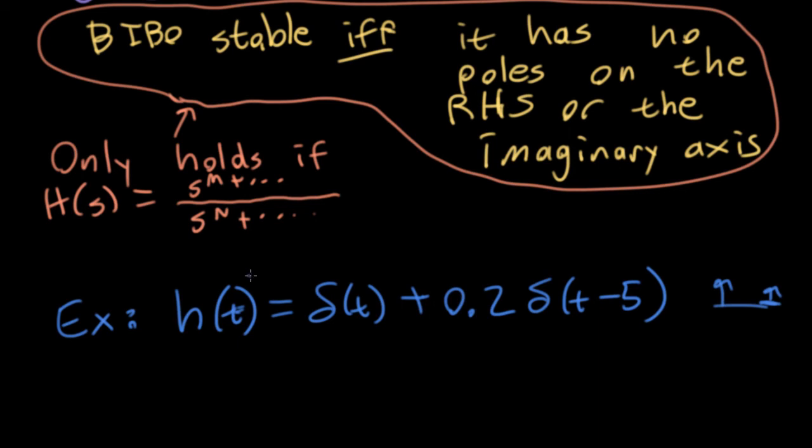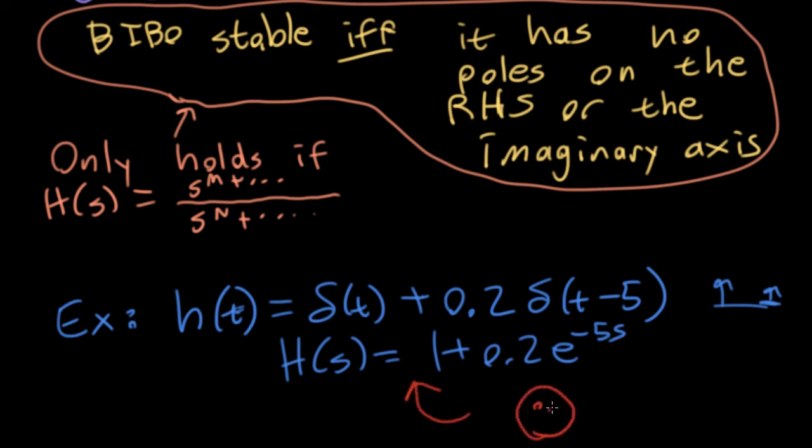Perhaps you have a radio signal or a bit of sound that's bounced off a wall or a mountain. What is the transfer function of this? Well, this is going to be 1 plus 0.2 e to the minus 5s. And guess what? This is not a ratio of polynomials.